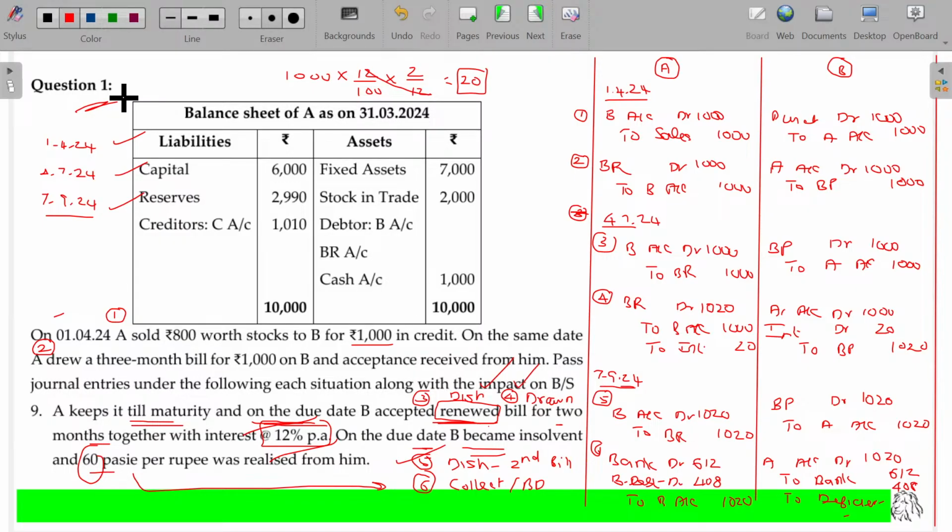Make it faster. If it is clear, text me. We'll go for the last one. Rebate, paying ahead, cancelling the bill.